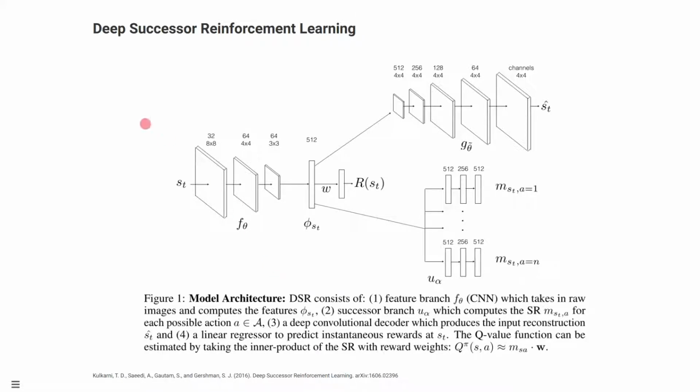So here is the deep network that they proposed in their paper, deep successor reinforcement learning, which is just an extension of what we saw before on function approximation. What you do is that you are in a state st at time t. It could be an image, so you could have a CNN, which learns to produce a vector, a feature representation of that state.